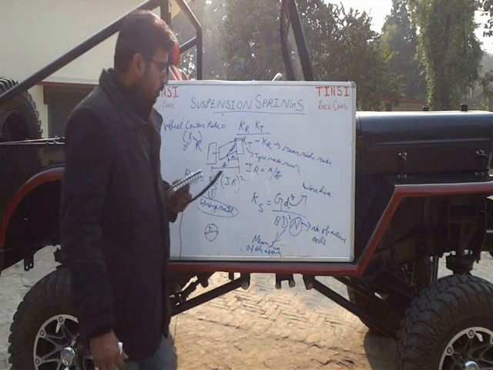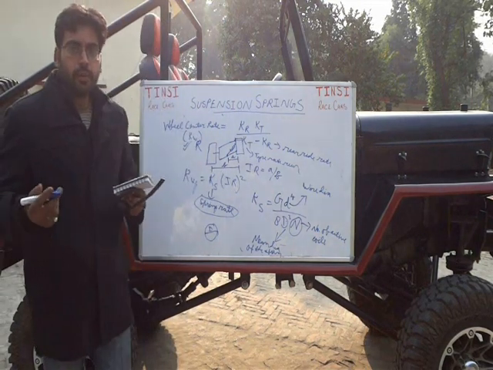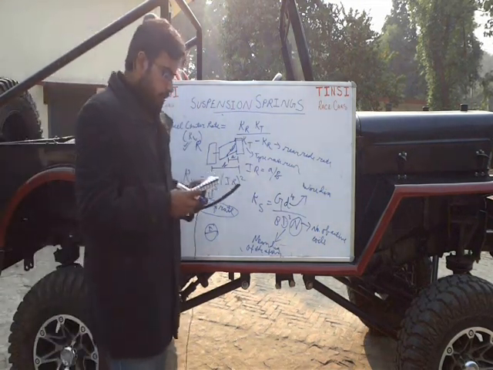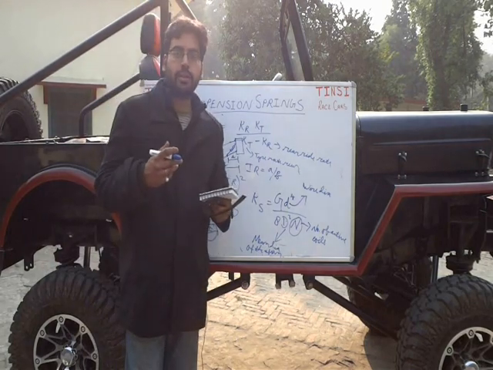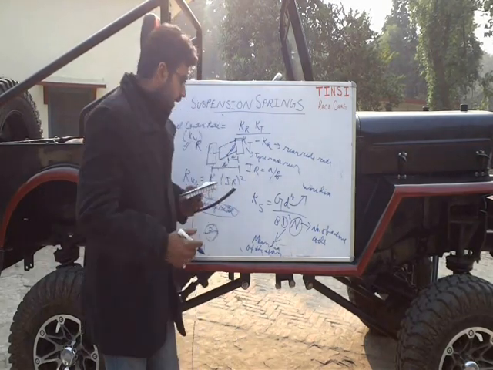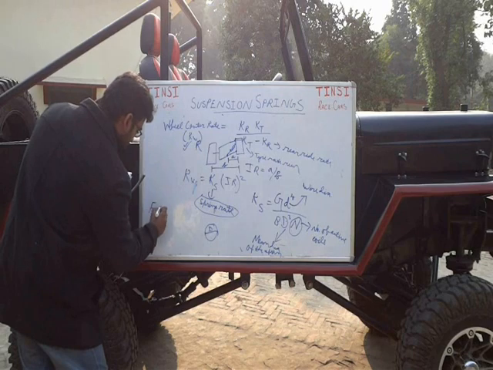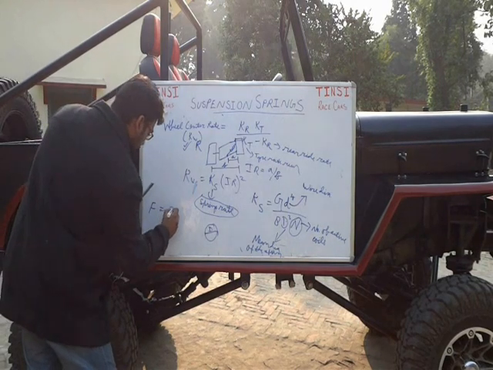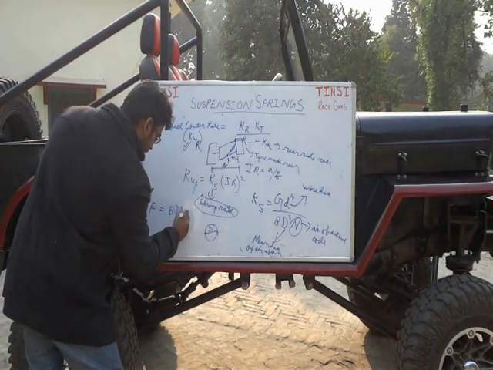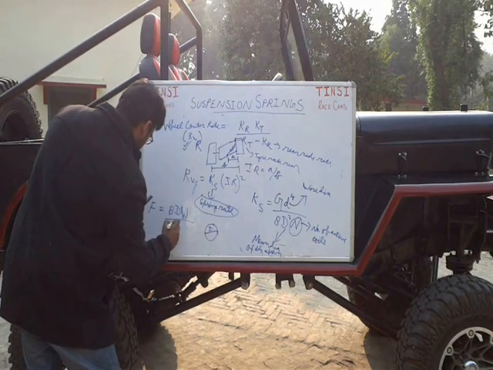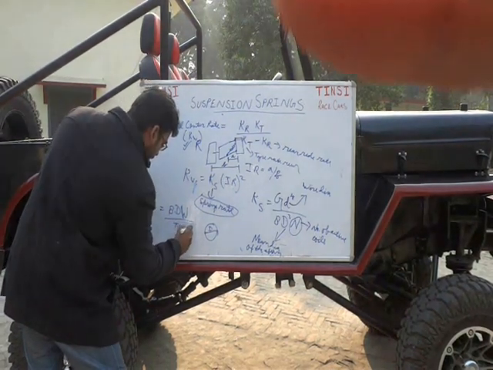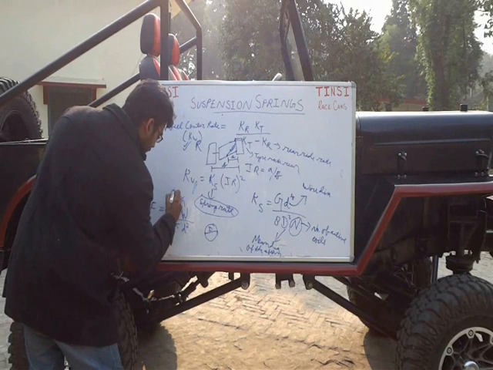So what happens is, when we go into the formula for maximum stress that our spring can take, we have F is 8D into W upon pi d cube. This is the static weight on the spring.